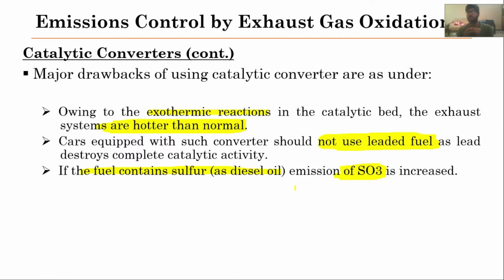Again, sulfur trioxide is the main cause for the formation of acid rains, as I mentioned in the last video, that because of the excess formation of sulfur trioxides, acid rains are being produced. So again, it is harmful, but it is a limitation. For the SI engines, it is quite useful. In diesel engines we have this limitation, but in diesel engines as well, it is being quite frequently used.